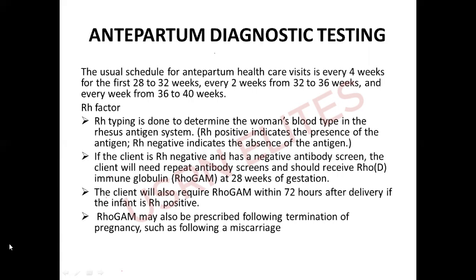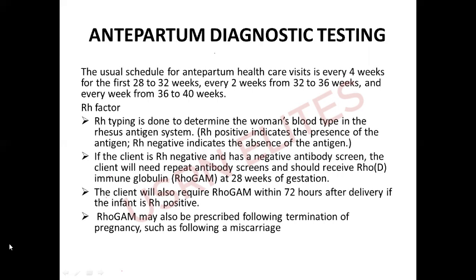From 32 to 36 weeks, the woman will need to come every 2 weeks. Then from 36 weeks, every 1 week, because she has moved into the 37th week going, which is term gestation, and anytime from there the woman can go into labor.